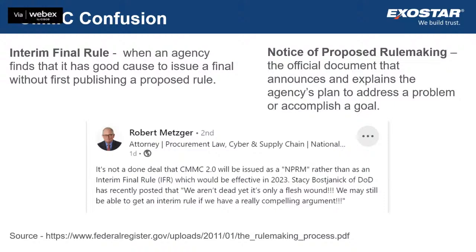I don't know how long that would be. It's however long it takes to collect all the feedback, respond to that feedback, make any changes, and then resubmit. And then it would typically come out as that interim final rule. So that's why you're seeing some confusion right now out there on when CMMC will be initiated, if you will.